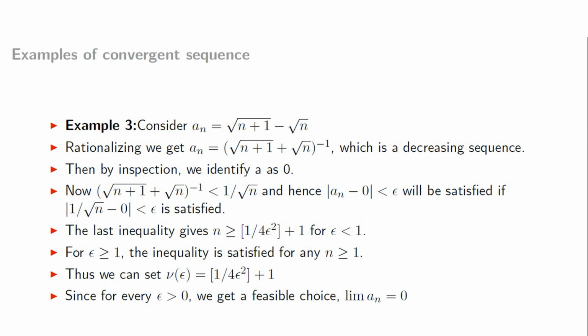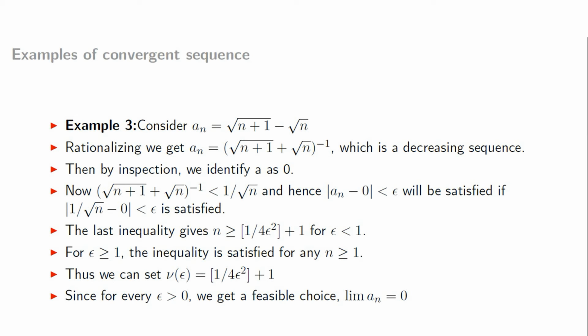Thus, by inspection we identify a as 0. Now, 1 by square root of n plus square root of n plus 1 is less than 1 by square root of n, and hence the absolute value of a n minus 0 less than epsilon will be satisfied if the absolute value of 1 by square root of n minus 0 less than epsilon is satisfied.